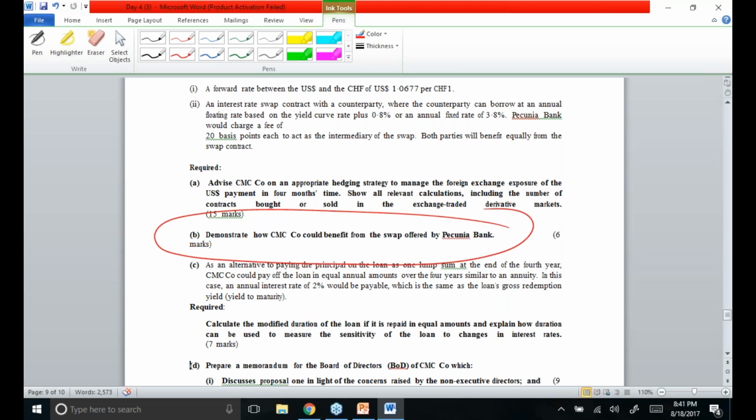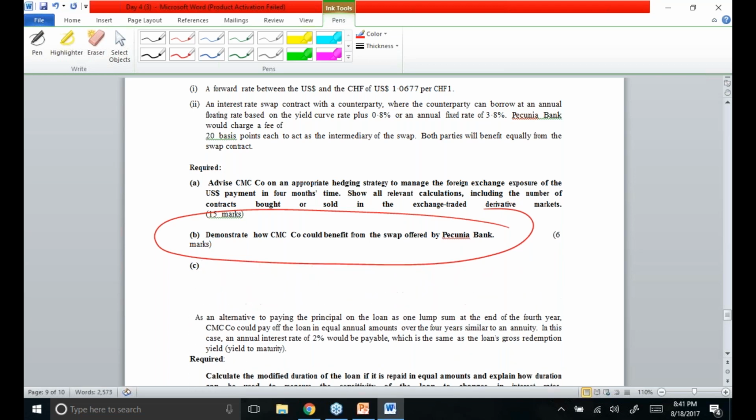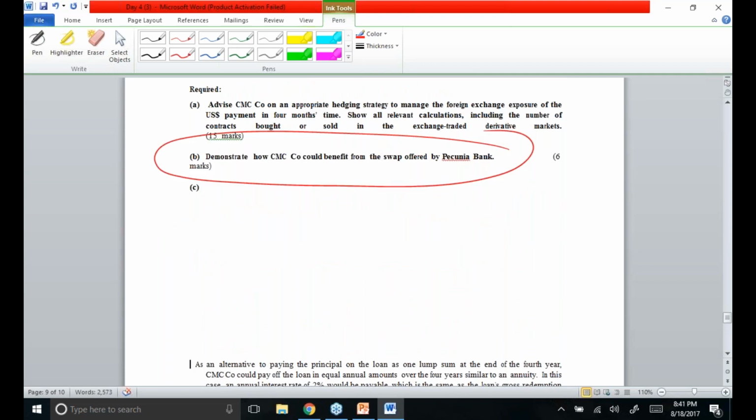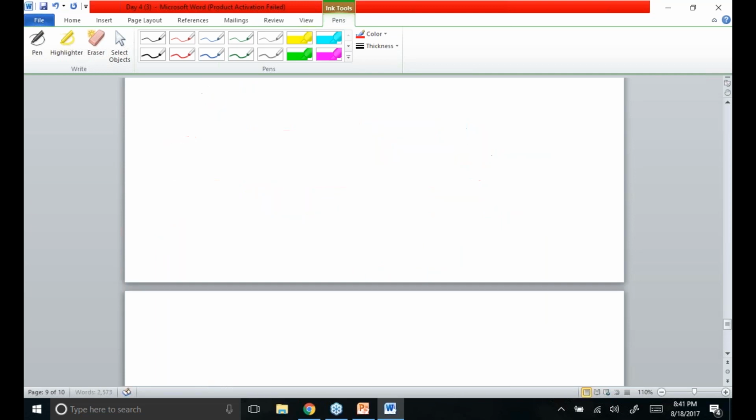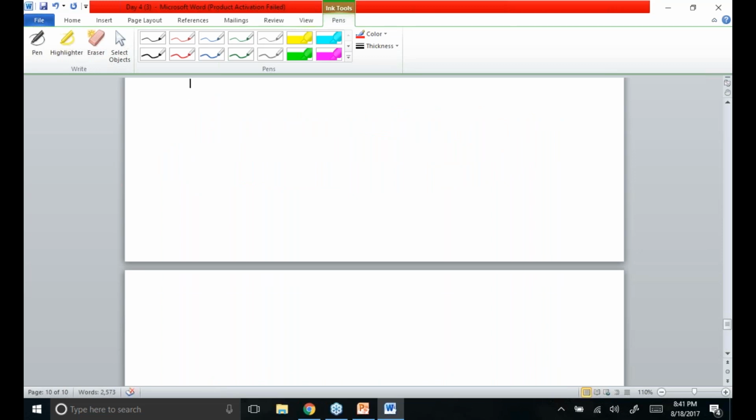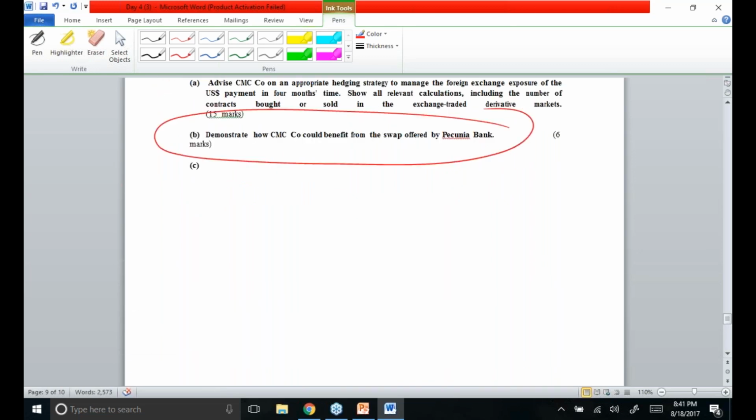Okay, let's try to solve it. First step, we have company CMC and the counterparty.